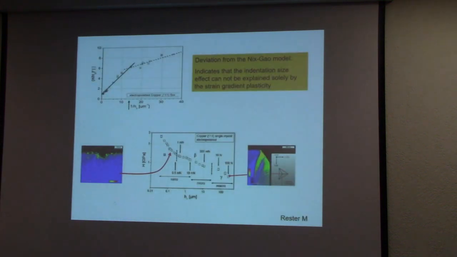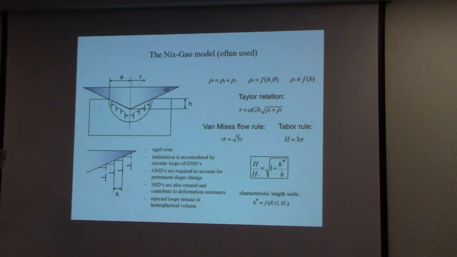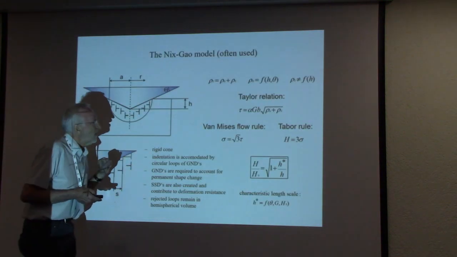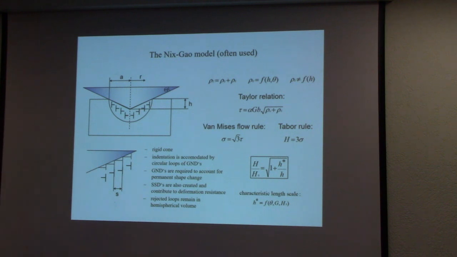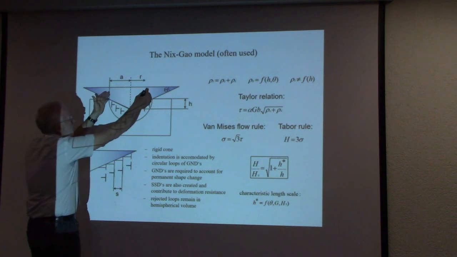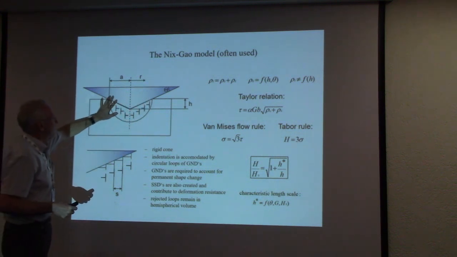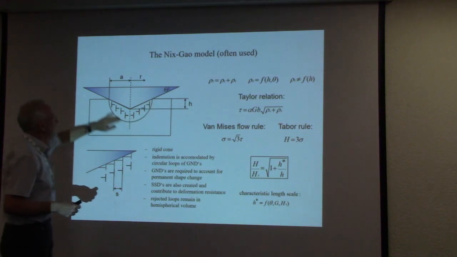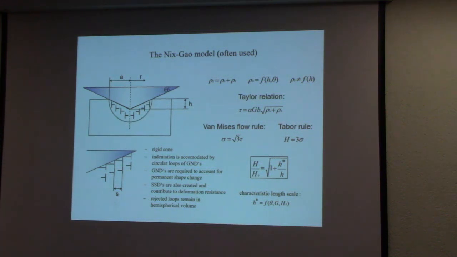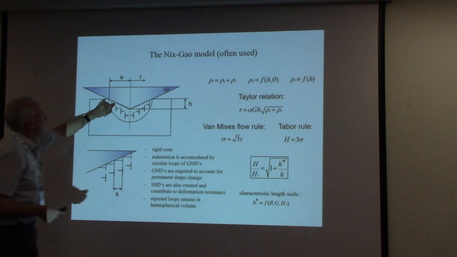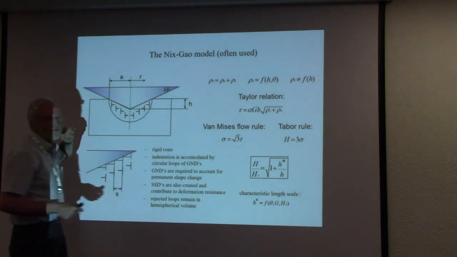And so we performed really careful experiments. The idea of this Nix-Gao model is really simple. The idea was, okay, when we increase the indentation size, the plastically deformed volume below the surface is always proportional to the size of the indentation.